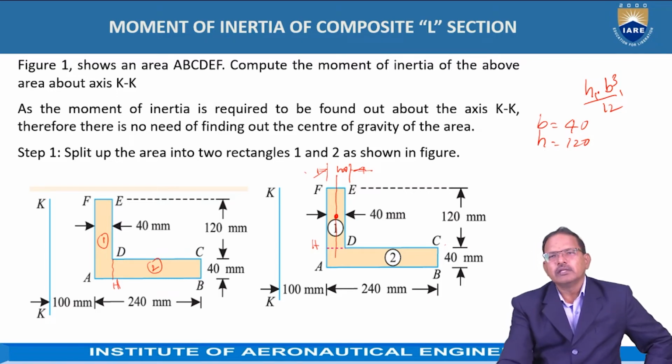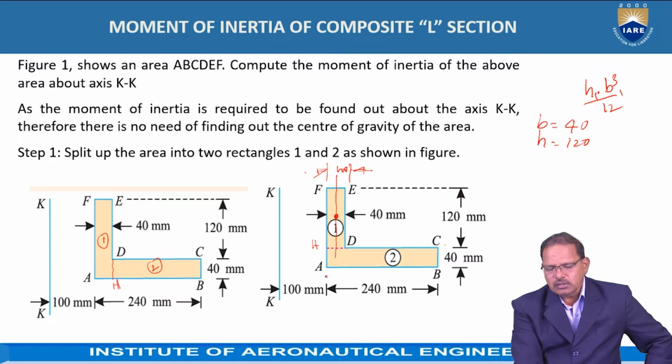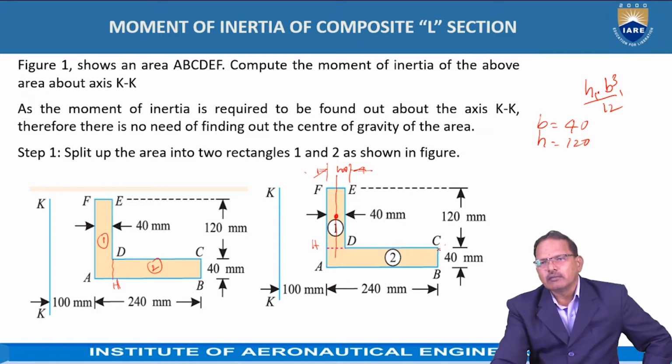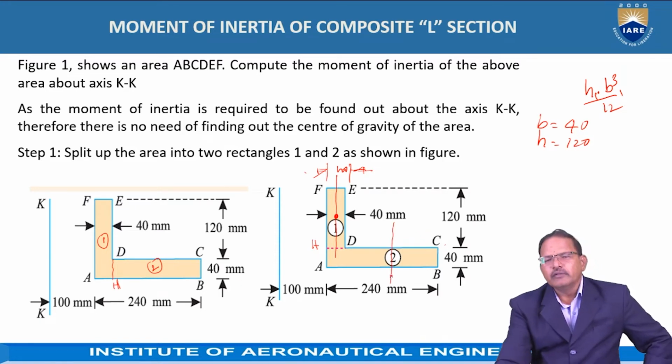Similarly, for the rectangle 2, the breadth is equal to 240 and the height is equal to 40 mm. Now, the central axis which is parallel to the KK is dividing 240 into two parts.